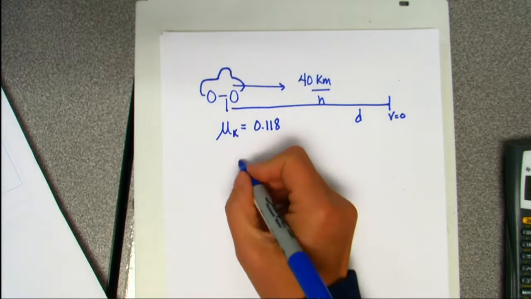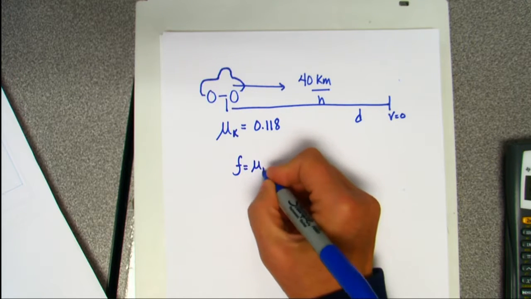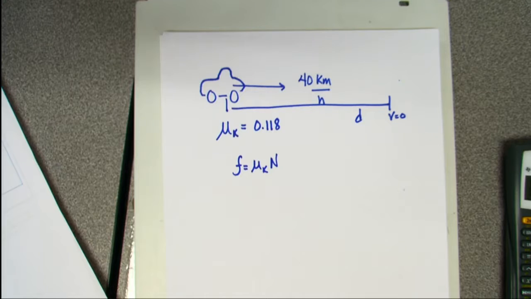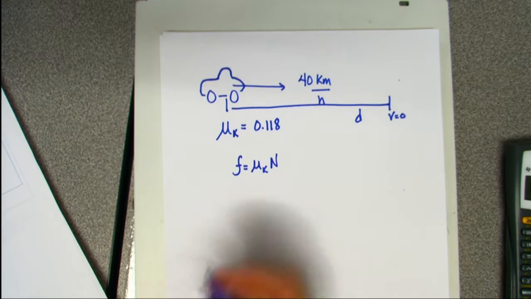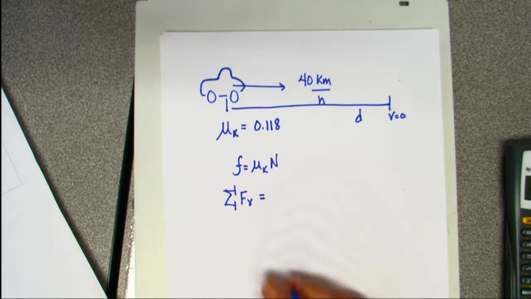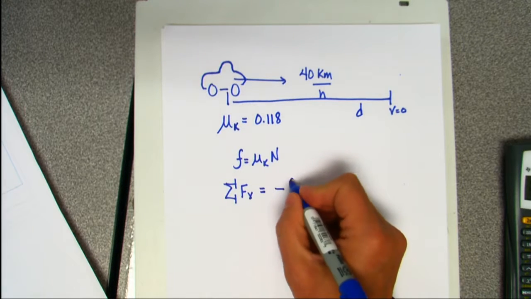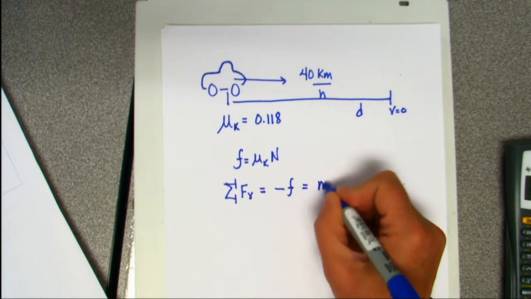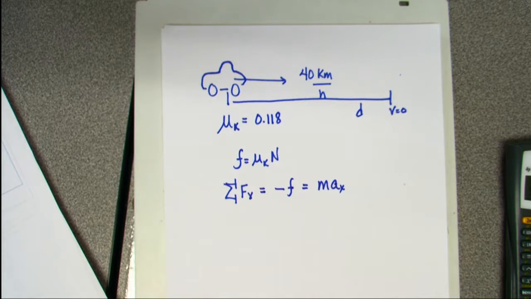So we know the force due to friction is going to be this right here. If I take the sum of the forces in the x direction, it equals my force due to friction, which equals my mass times my acceleration in the x direction. So I'm going to need this acceleration.